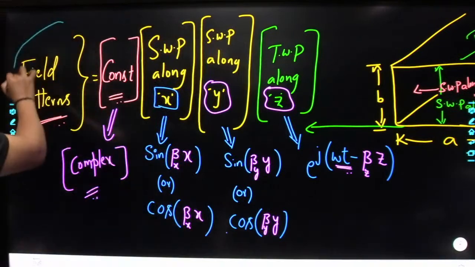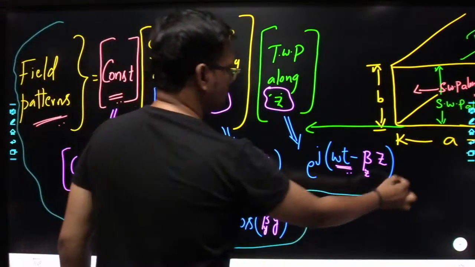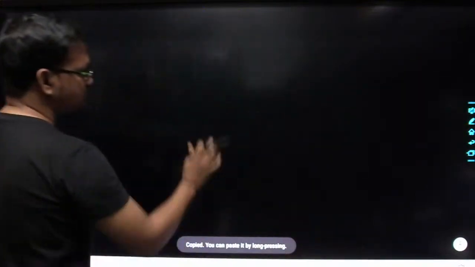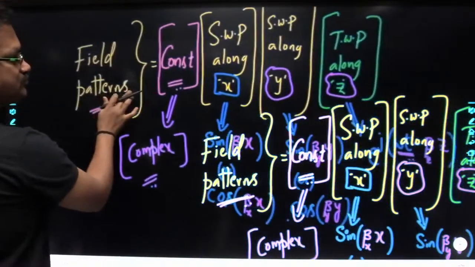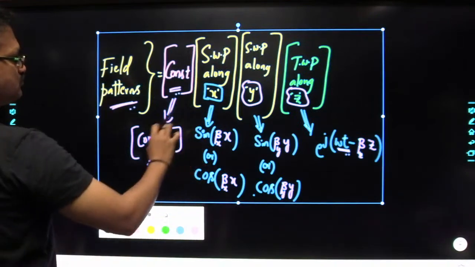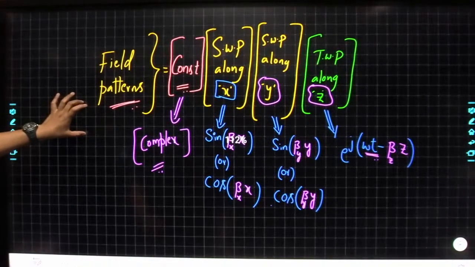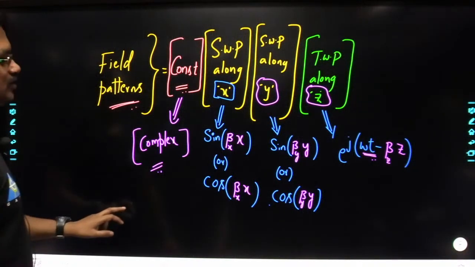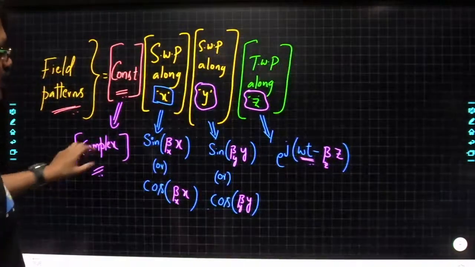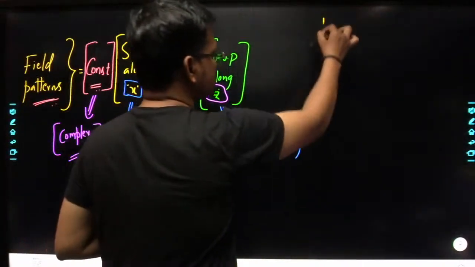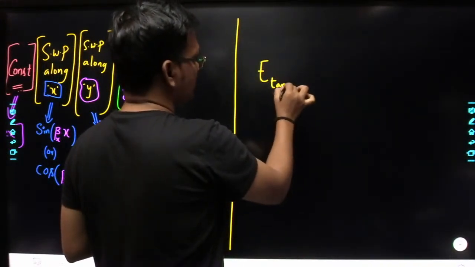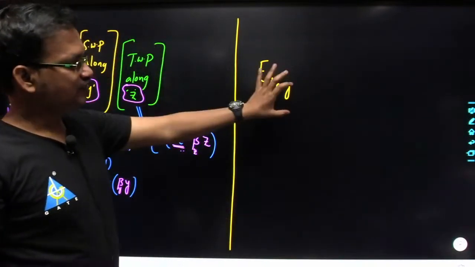I am copying this field pattern here. Now for example, if I want to write the tangential component of electric field, let us assume I want to write the field pattern of this one.